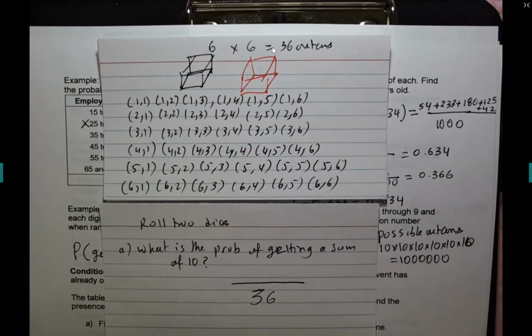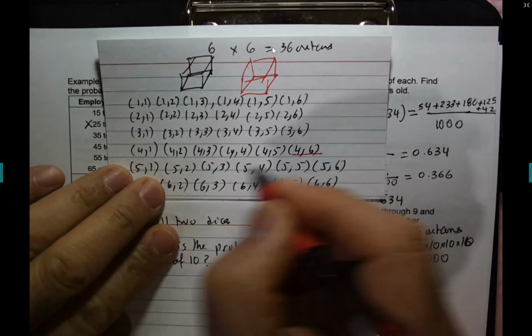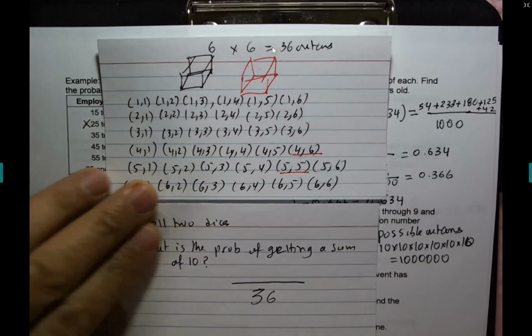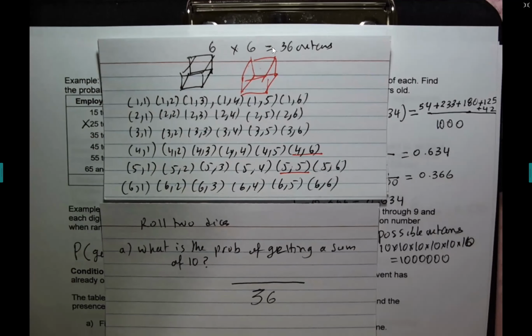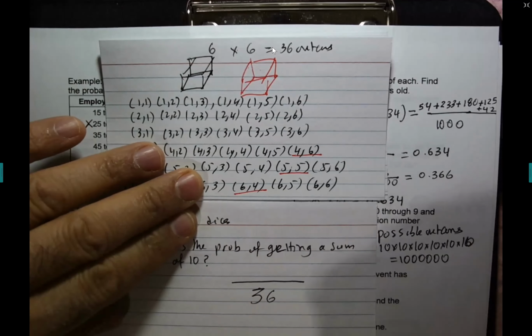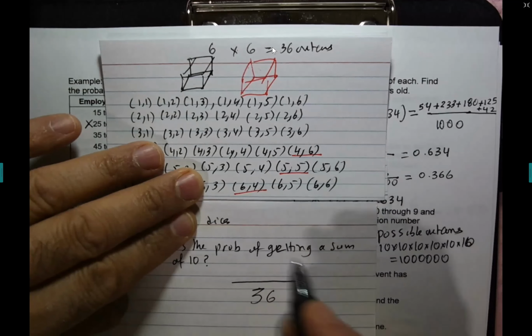Which ones? 4 and 6, 5 and 5. That's 1. 5 and 5, that's 1. What else? There's one more. 6 and 4. Yep. For how many? 3. 1, 2, 3.